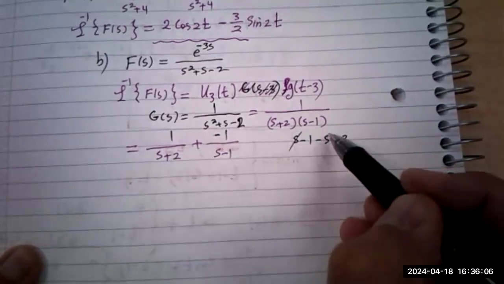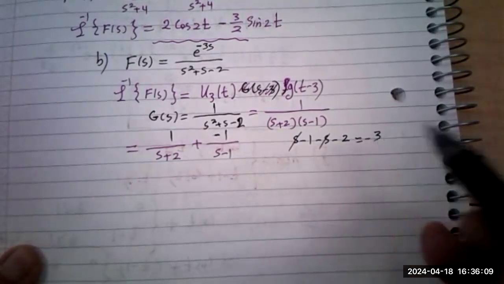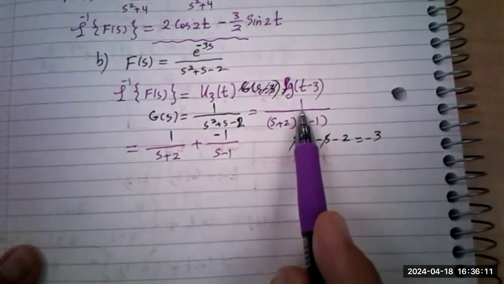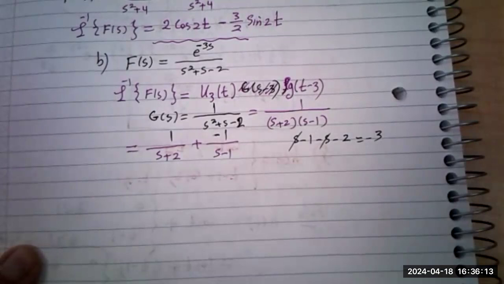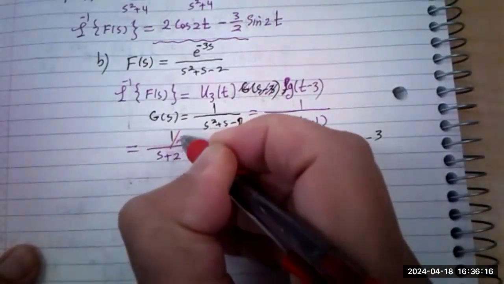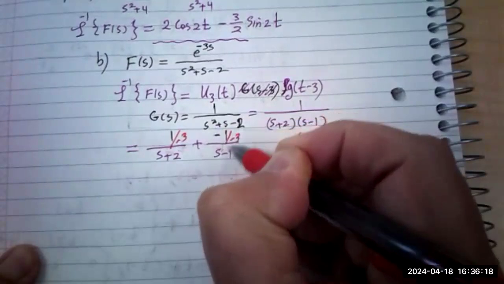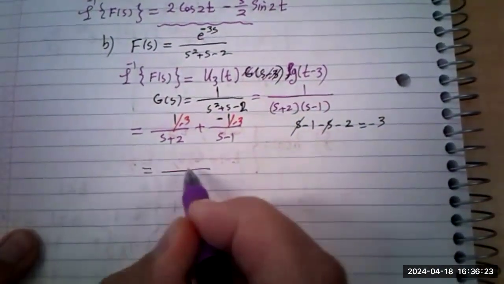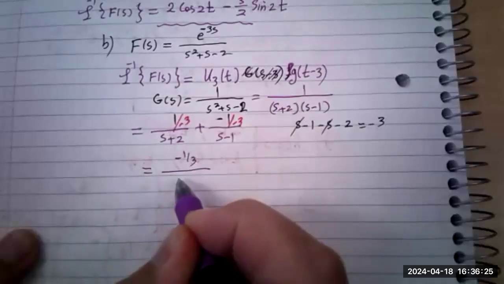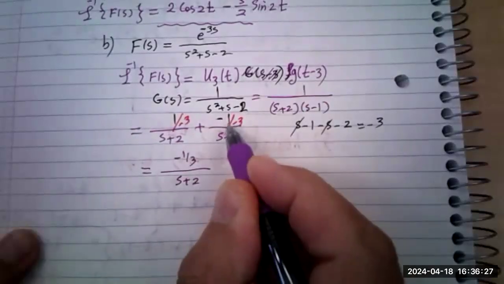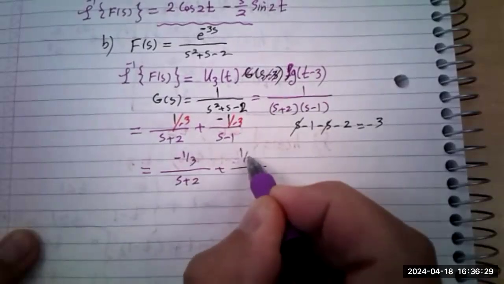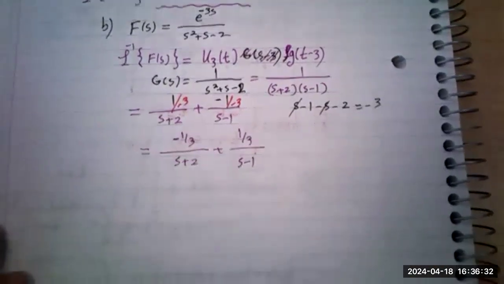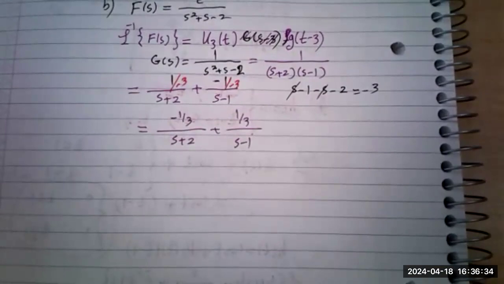So these two would cancel out. You get negative 3. And you need a positive 1 here. So what you do is you go back and divide each one of them by negative 3. So the partial fractions are going to be negative 1/3 over s plus 2, plus 1/3 over s minus 1. You may have to do this one several times on the test, so you better use it. Any question? Very happy about it?